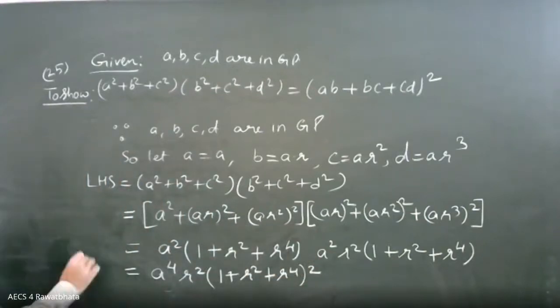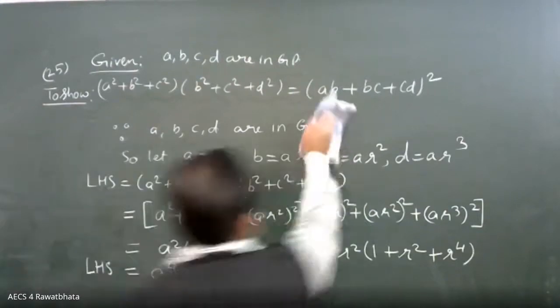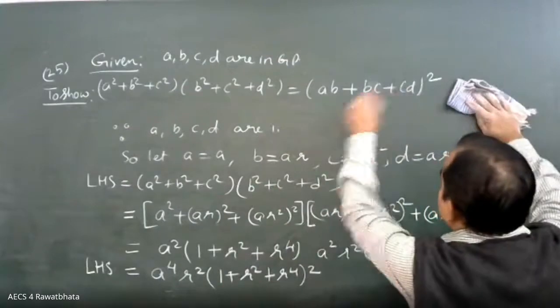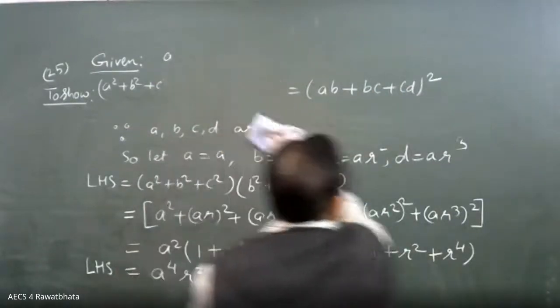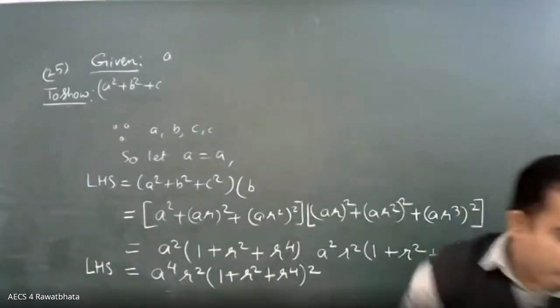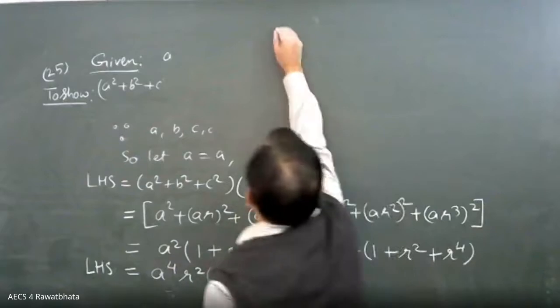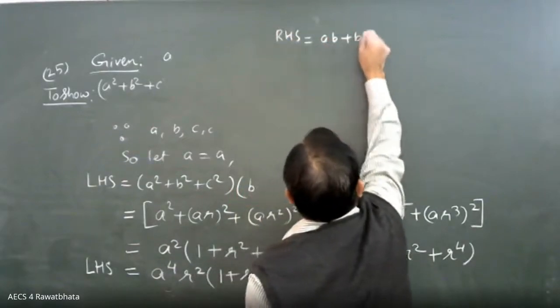So this is my LHS. I think it's good if we simplify RHS separately and then we will try to prove that they both are equal. So let us begin with RHS. The right hand side is (AB plus BC plus CD) whole square.